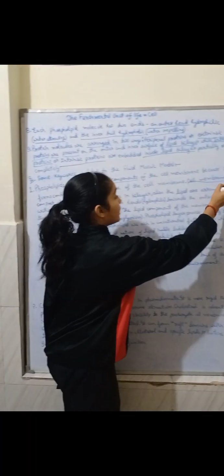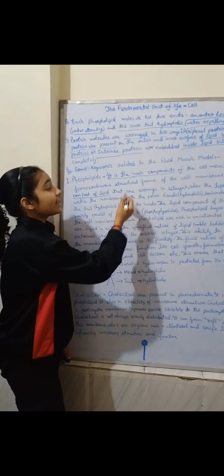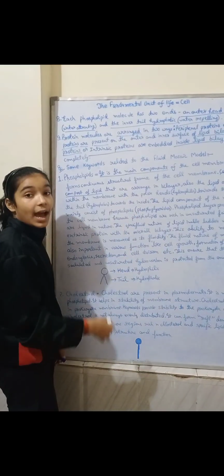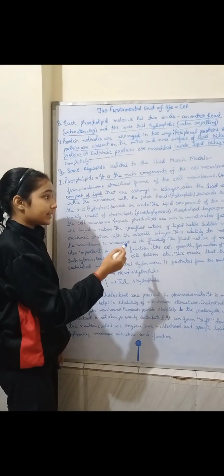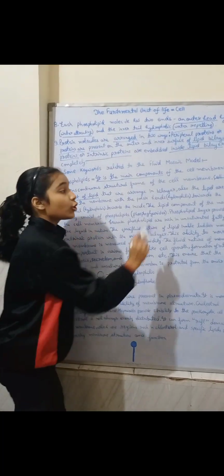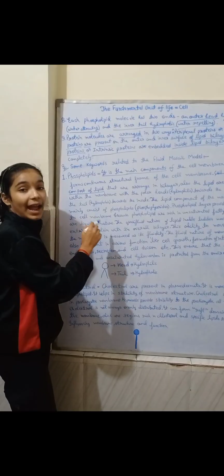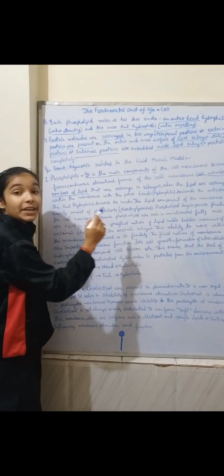The cell membrane is composed of lipids that are arranged in a bilayer. Also, the lipids are arranged within the membrane with the polar heads, means hydrophilic, towards the outside and the tail, hydrophobic, towards the inside.